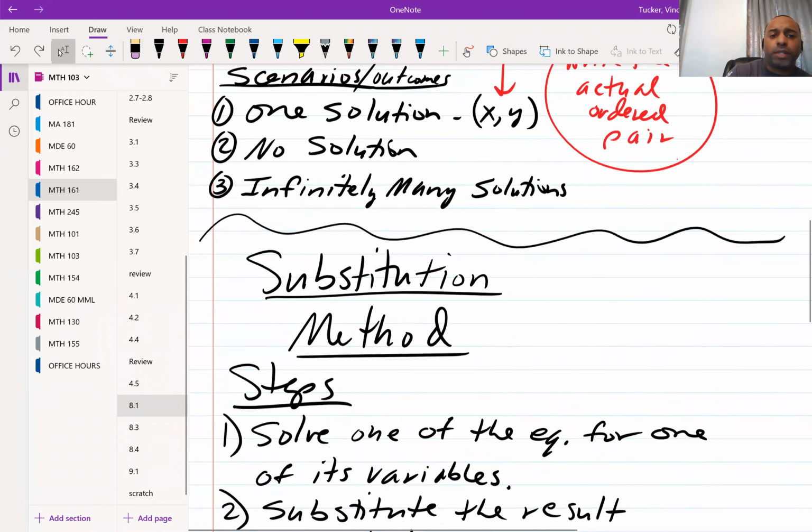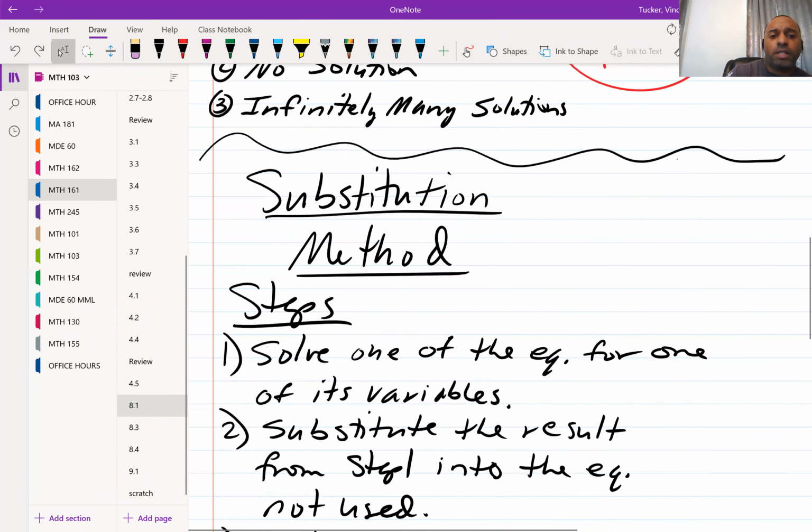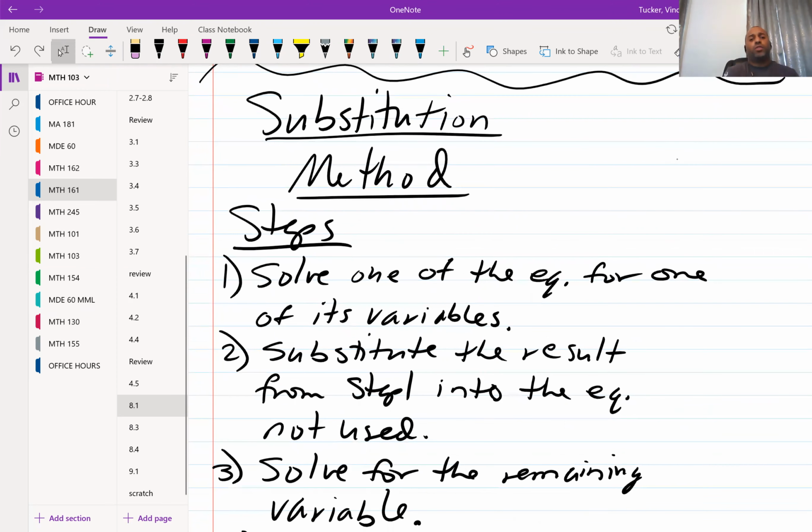All right, the first method we're going to discuss is the substitution method. First, solve one of the equations for one of its variables. Then substitute the result from step 1 into the equation not used. Solve for the remaining variable.